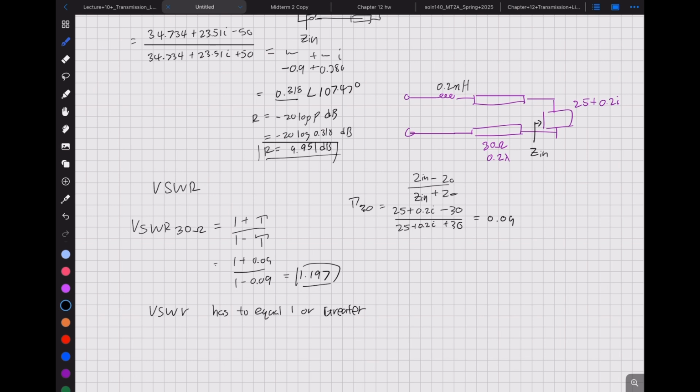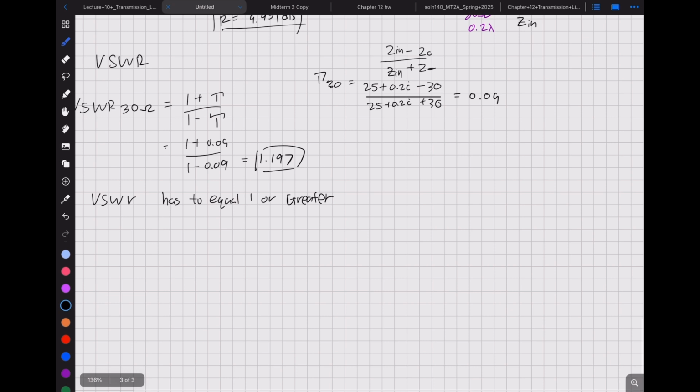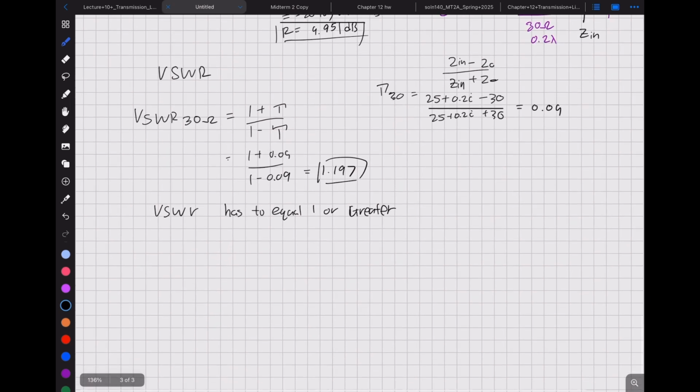If you're ever doing a problem and you find that your VSWR is less than 1, then there's a problem. Because a VSWR of 1 is what we call perfect, and it's the most desired because the impedance is perfectly matched.